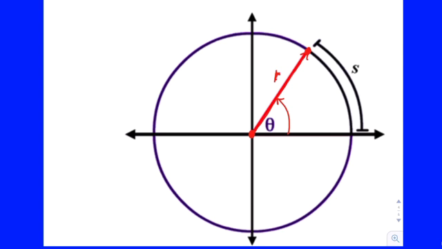The radius becomes a terminal ray that defines an angle in standard position. We call this angle theta, we call it the central angle. Why in the world would we call it a central angle? Where is it located in respect to the circle? It's in the center, okay? And that's going to end up being our reference angle.